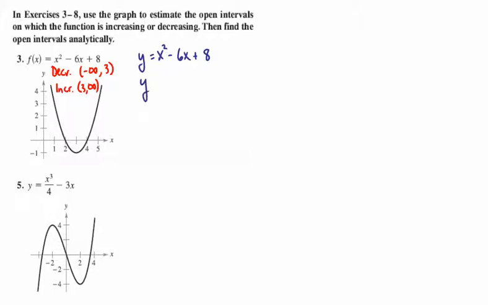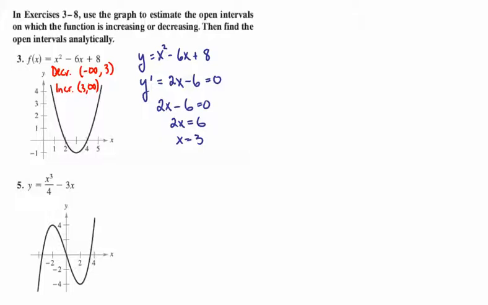So that involves finding the derivative, 2x minus 6, setting the derivative equal to 0, and solving. 2x minus 6 equals 0, 2x equals 6, x is equal to 3. So that is the only place where the derivative is 0 or fails to exist.